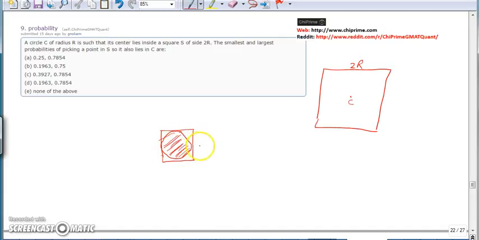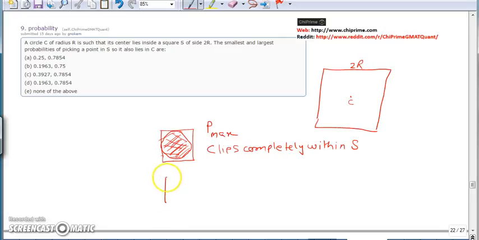So in other words, where C lies completely within S is when you have the maximum chance of picking a point within the square so that it also lies within the circle. So this is the maximum. So let's call this P max.